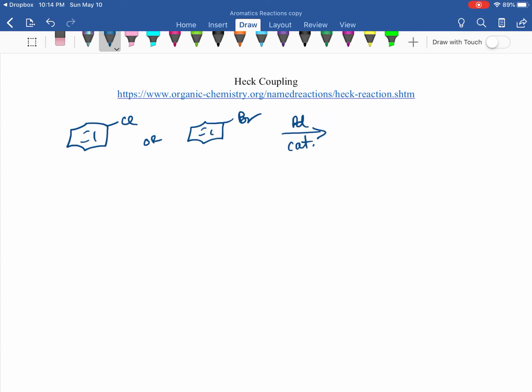Okay, and then you treat that with a palladium catalyst, and you can add an alkene. So if you were to mix this one plus this one with a palladium catalyst, you can do a coupling reaction. Remember, our coupling reactions are organometallic.